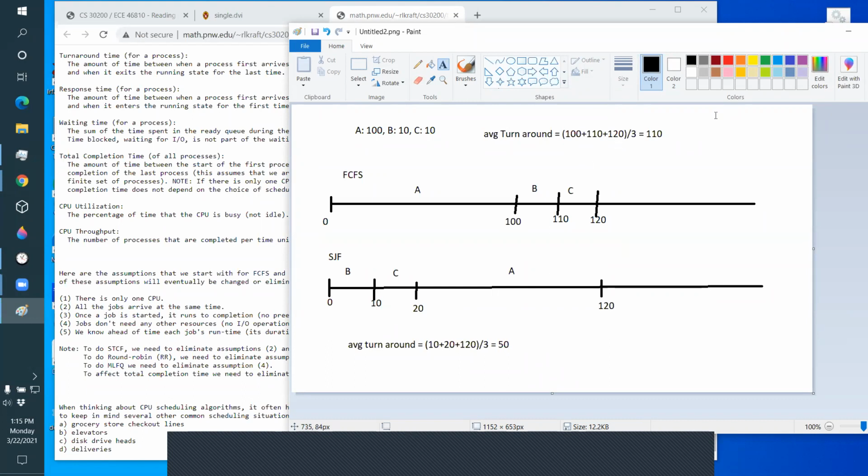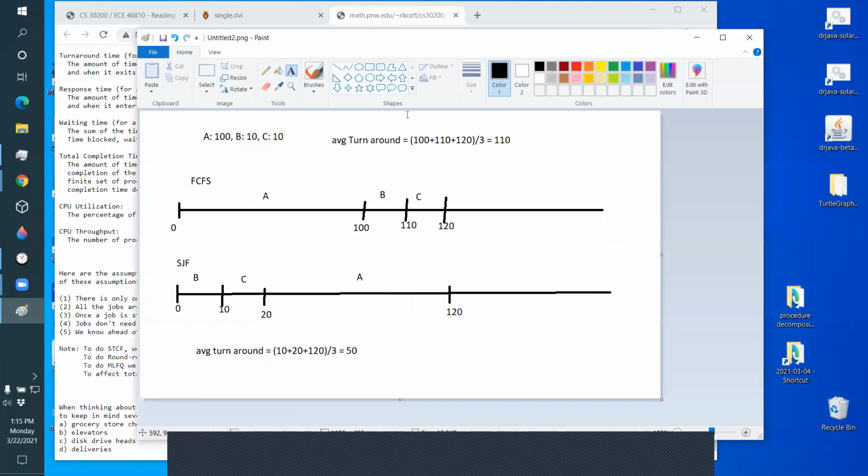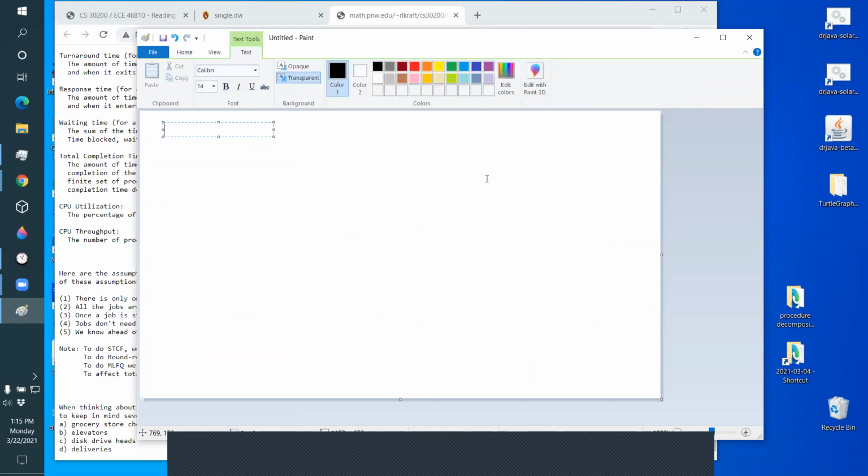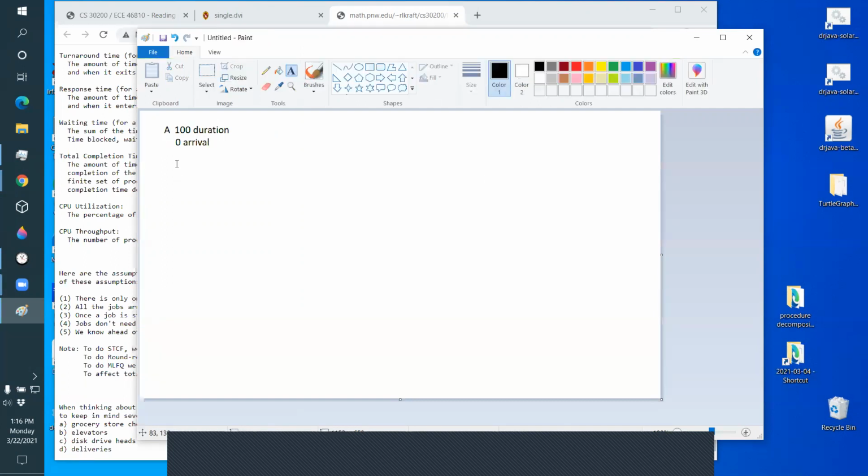So let's have job A have a duration of 100 and an arrival time of 0. We're relaxing the assumption that everybody arrives at the same time. So A has a duration of 100 and 0 is the arrival time.